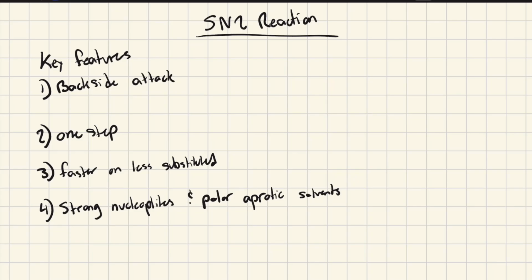So instead, it's going to do 180 degrees and attack from the complete opposite side, as that's where there would be least steric hindrance. Now, if our carbon is chiral, that'll result in an inversion of our configuration called the Walden inversion. So anything that was wedged, you would make dashed. Anything that was dashed, you would make wedged.